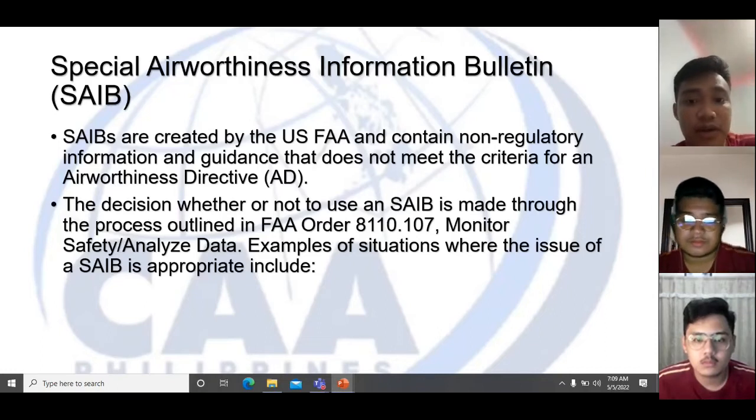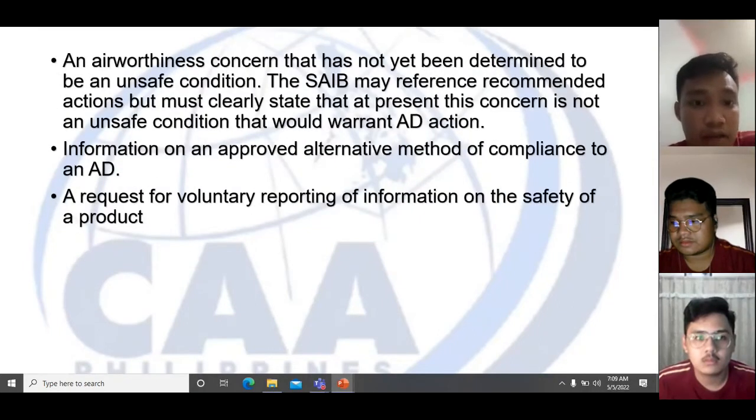Examples of situations where the issue of a SAIB is appropriate include, next slide please, an airworthiness concern that has not yet been determined to be an unsafe condition.